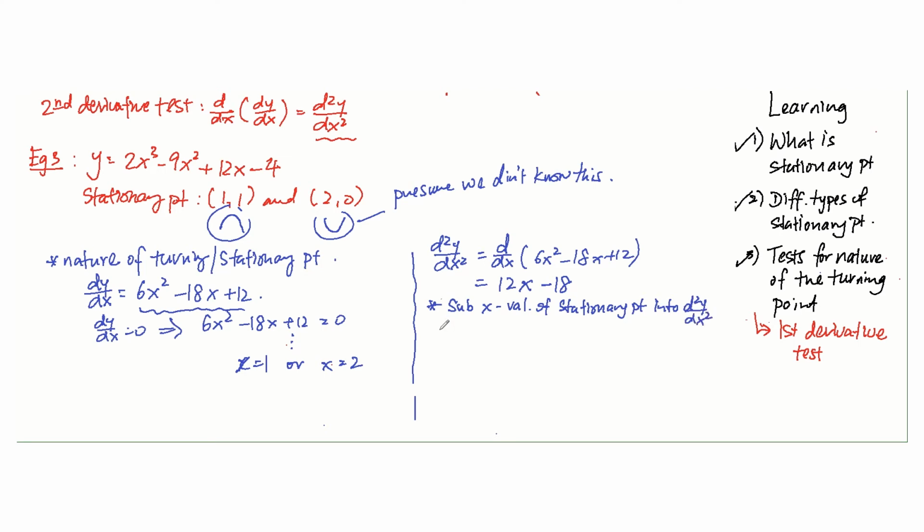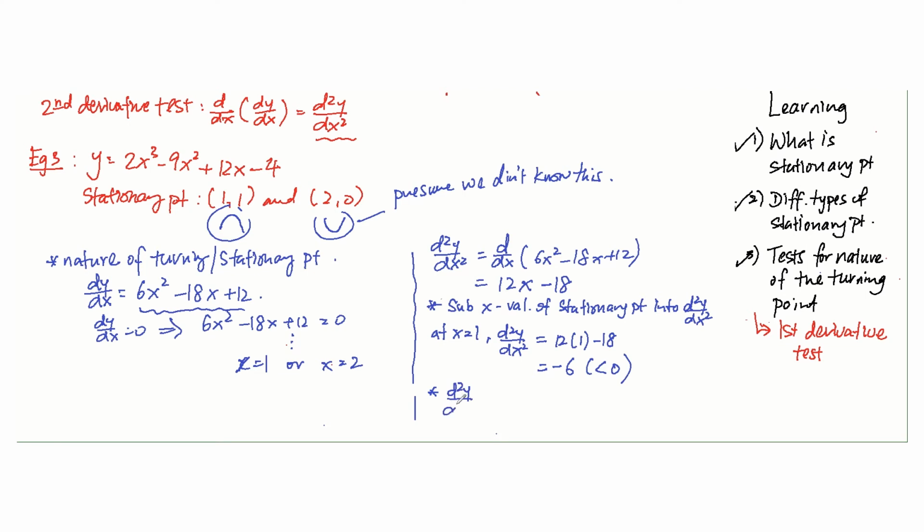And ladies and gentlemen, when I sub x equals 1 into my d²y/dx², you'll notice that I actually have 12 times 1 minus 18. That gives us negative 6, which is less than 0. So what does that mean when I have a d²y/dx² with a value of negative 6, which is less than 0? Please jot this down.